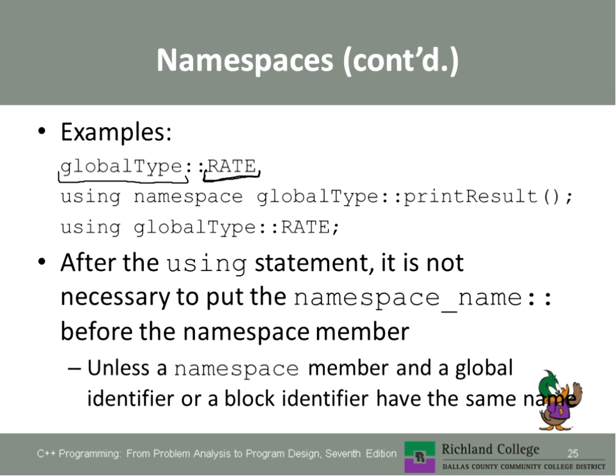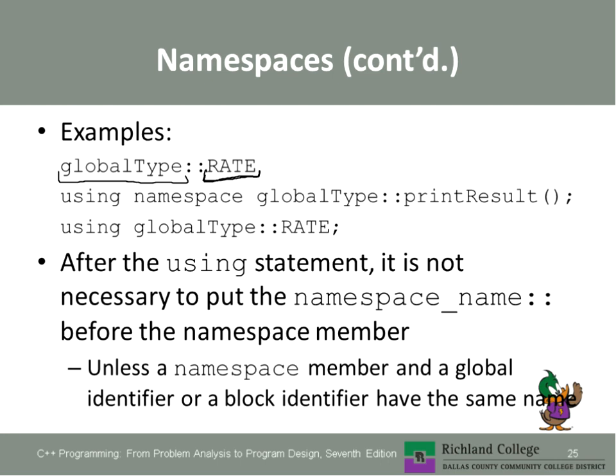After the using statement, it is not necessary to put the namespace colon before the namespace member, unless the namespace member and the global identifier or a block identifier have the same name. So if you get an error message, resolve it by telling your code exactly which room your identifier is in.